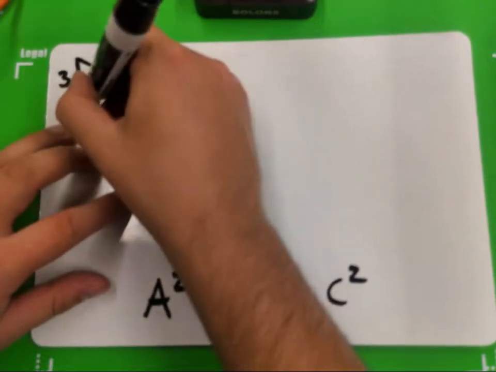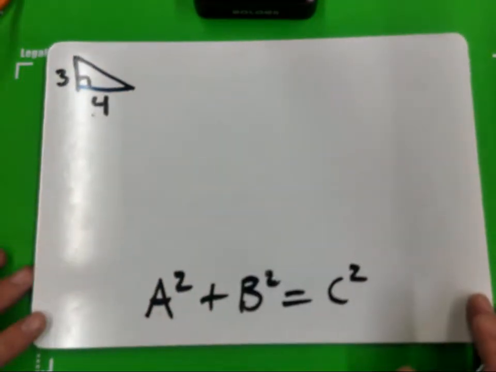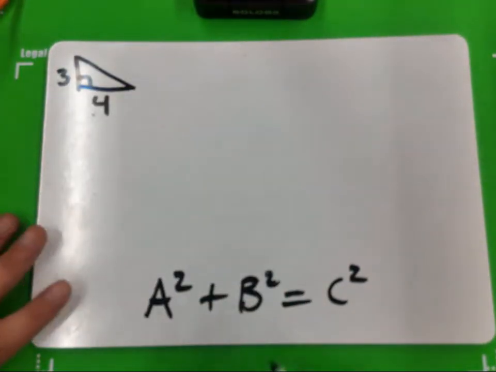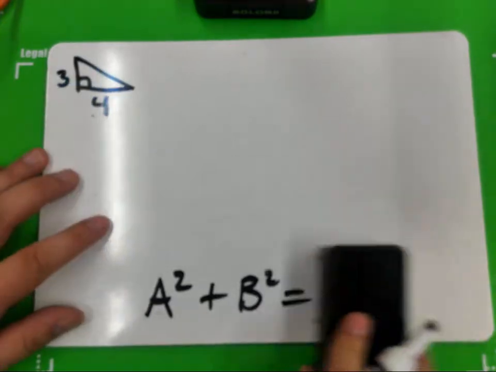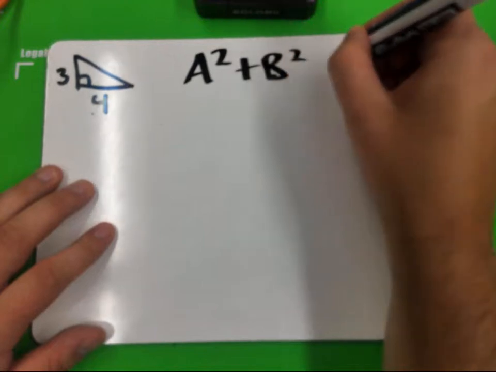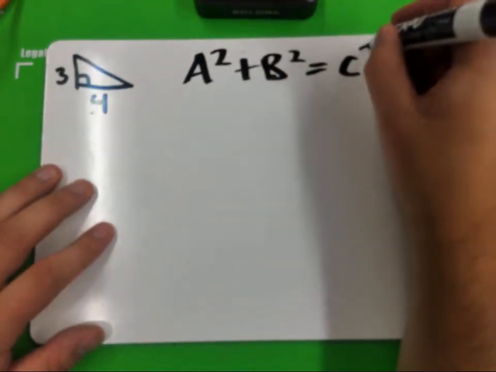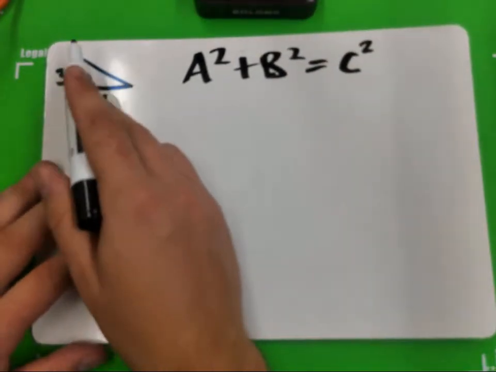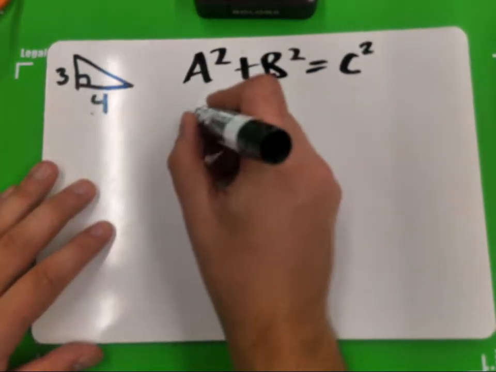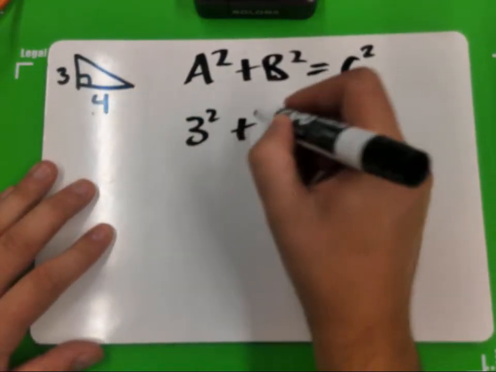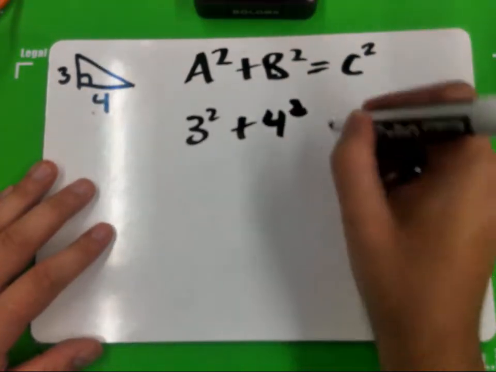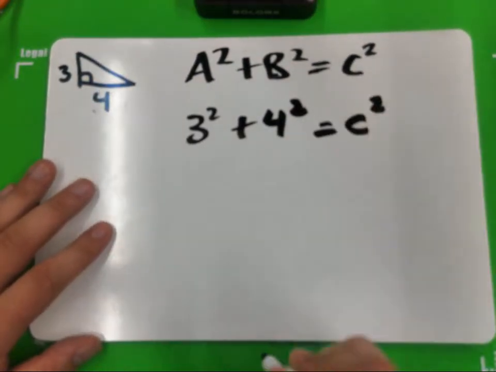So we have 3. I'm going to leave out my units for now just so we can see it. So we have 3 and 4. And we know that this was A, this is B, and this is our C. So we have this formula here, A squared plus B squared equals C squared. If I fill in what we know, A equals 3, so it's 3 squared plus, B is 4, so 4 squared equals C squared.